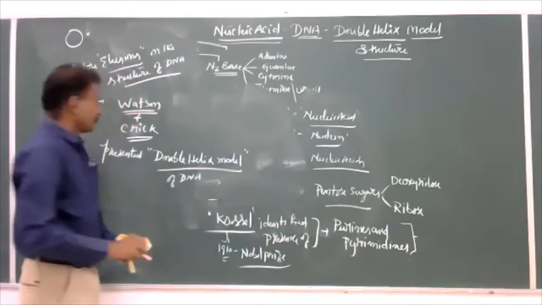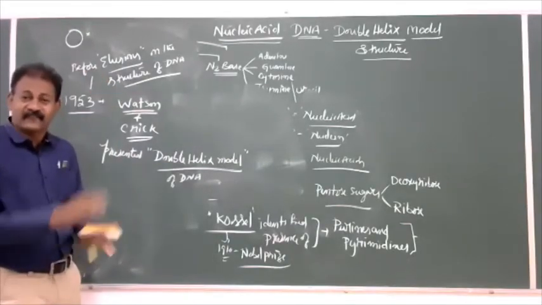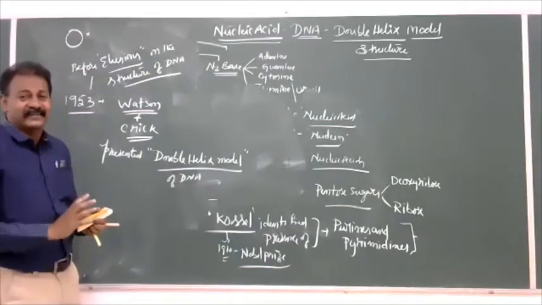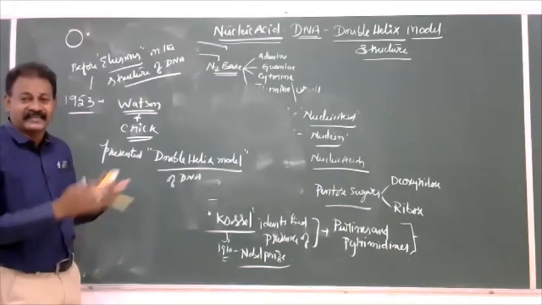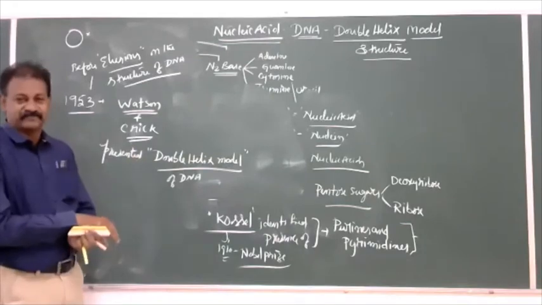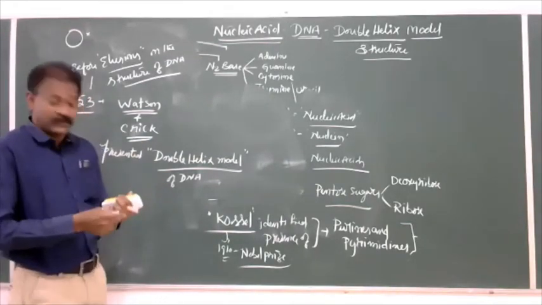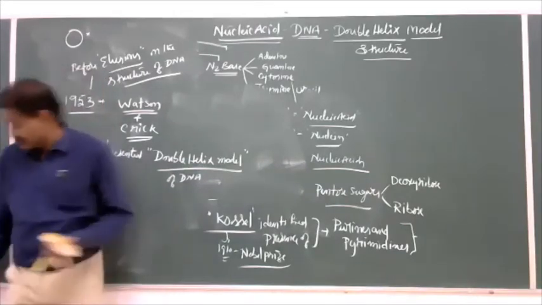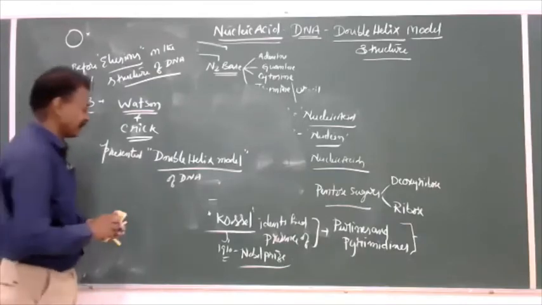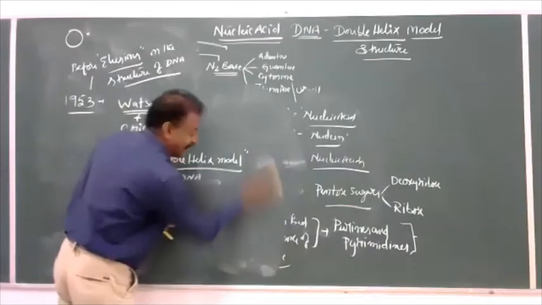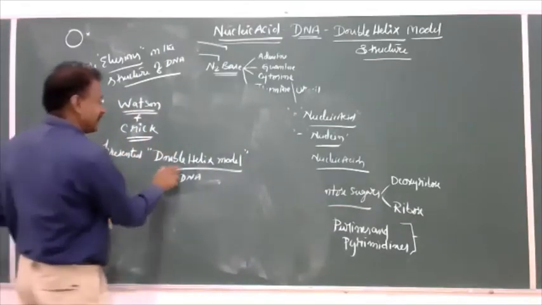So they erased all those illusions and confidently presented that DNA is a nucleic acid as the genetic material. It is having a structure like this, the final structure, and it was the greatest discovery of the 20th century, the greatest discovery in modern biology. And they came to conclude DNA is a double helix.